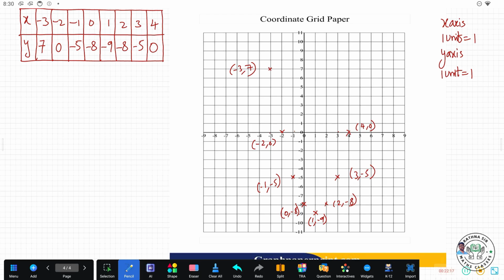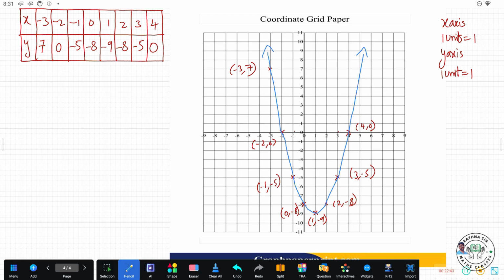Now with a free hand we have to join all these points like this. So this is our required graph.